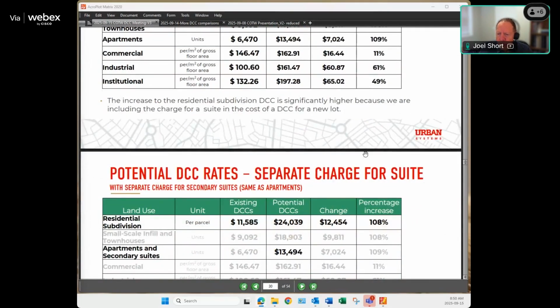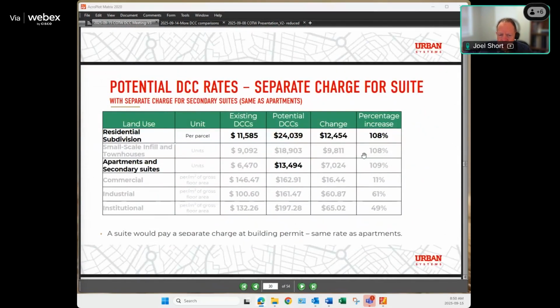And just before we pause to discuss this, if you had a separate charge for a suite, so that when the suite comes along it's not included in the lot and has to pay for itself separately when it is built at the building permit stage, then the residential subdivision still goes up, no question about it, but it goes up more in alignment with the others.